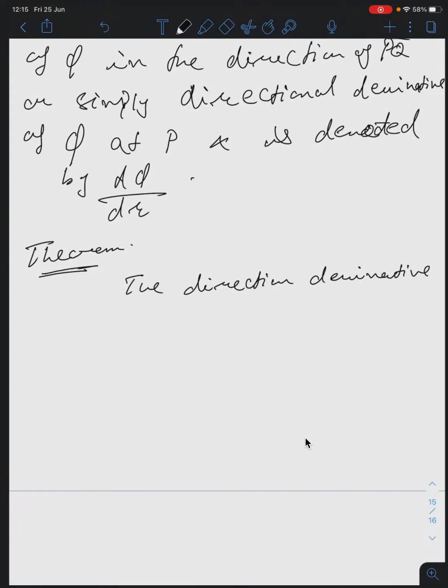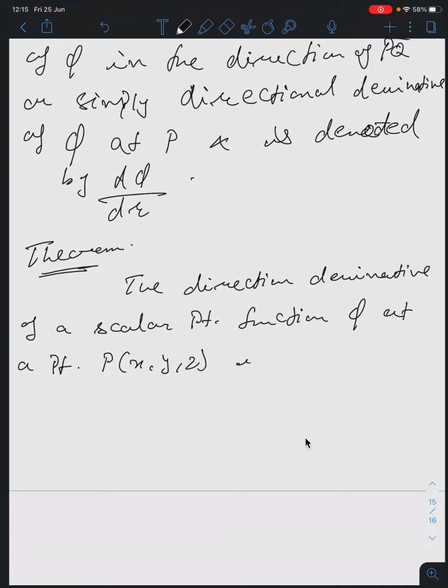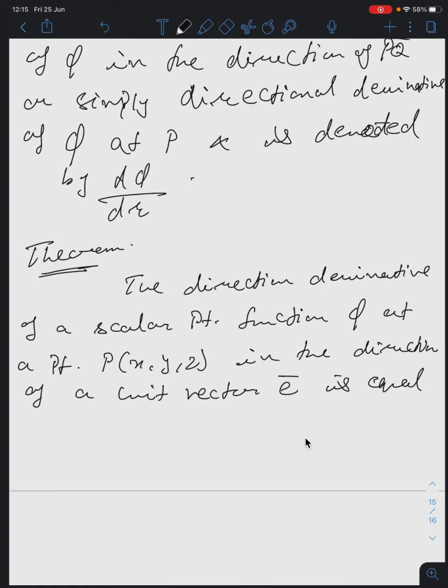The directional derivative of a scalar point function phi at a point P in the direction of a unit vector, which we generally denote with E bar, is equal to E bar dot gradient of phi.